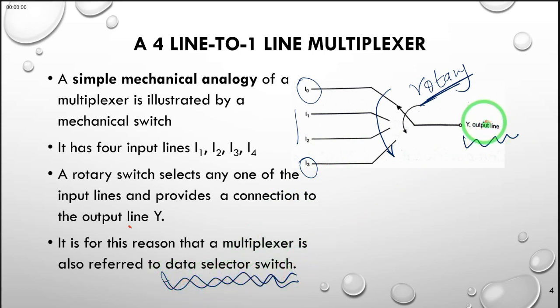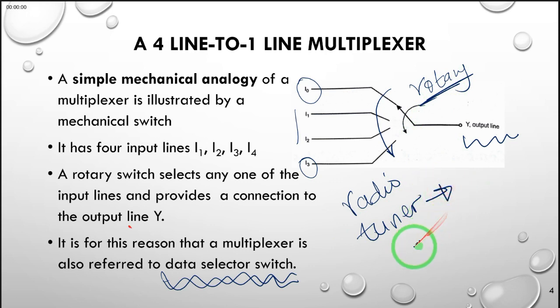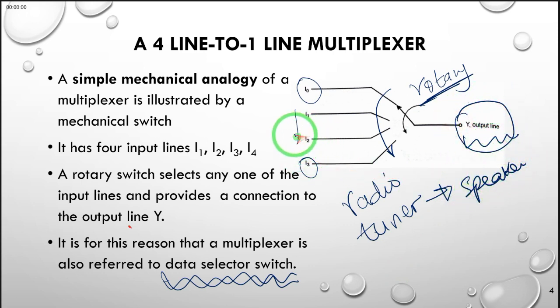One typical use of multiplexers that is easy to illustrate is the radio tuner. The radio is able to receive multiple signals, maybe multiple FM signals, but depending on the point where the radio tuner is set, we are able to listen to only one station, and therefore our output line is a speaker, so to speak, connecting to one FM station.